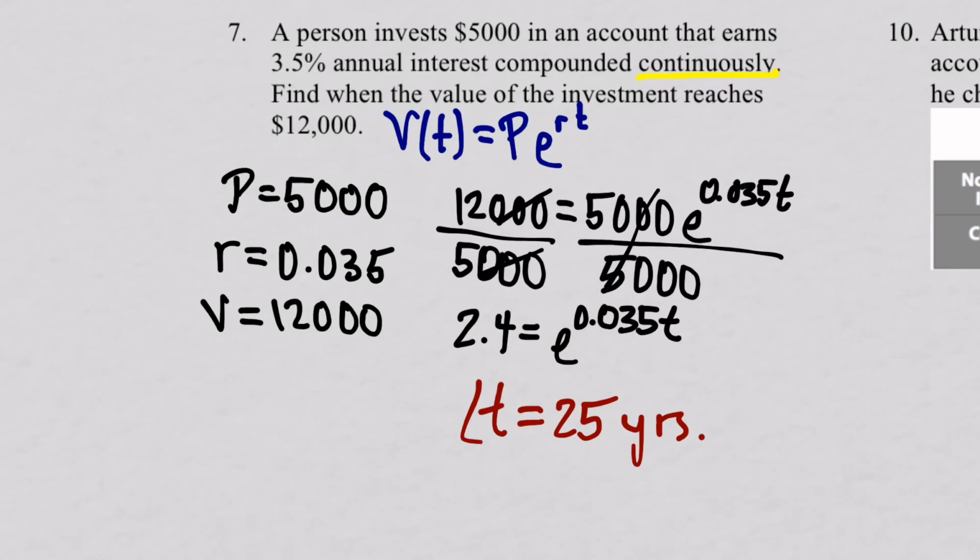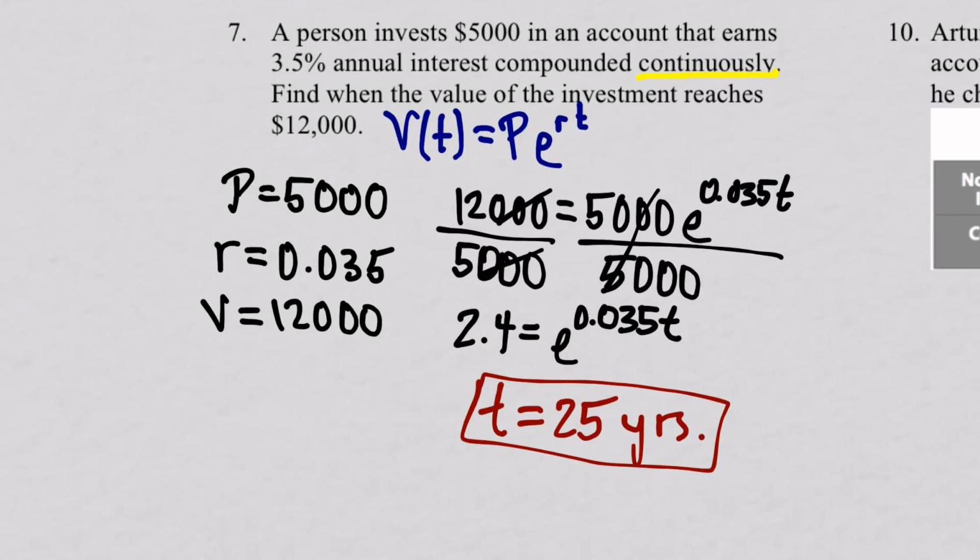It's close enough. 25.01 something. In approximately 25 years, the $5,000 that were invested, compounded continuously, have grown to $12,000.